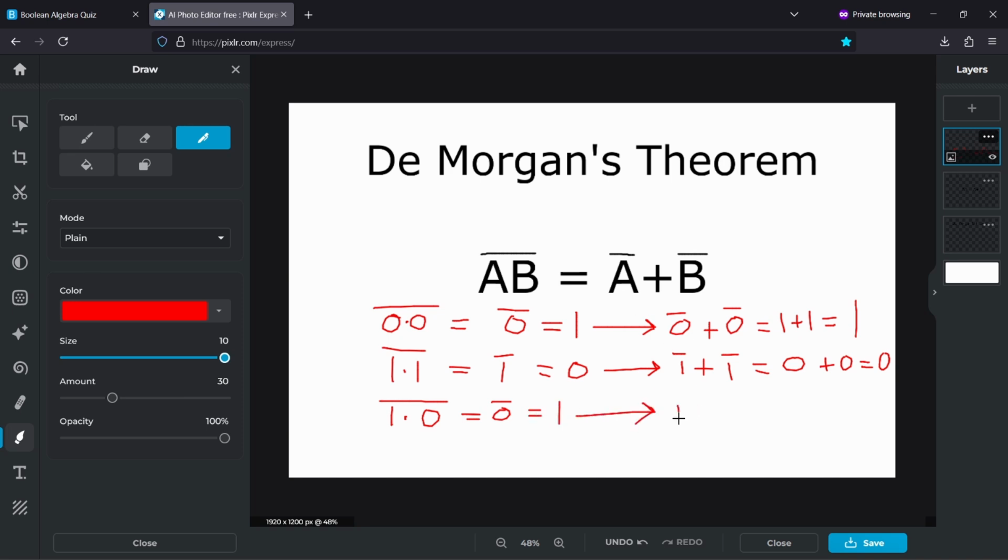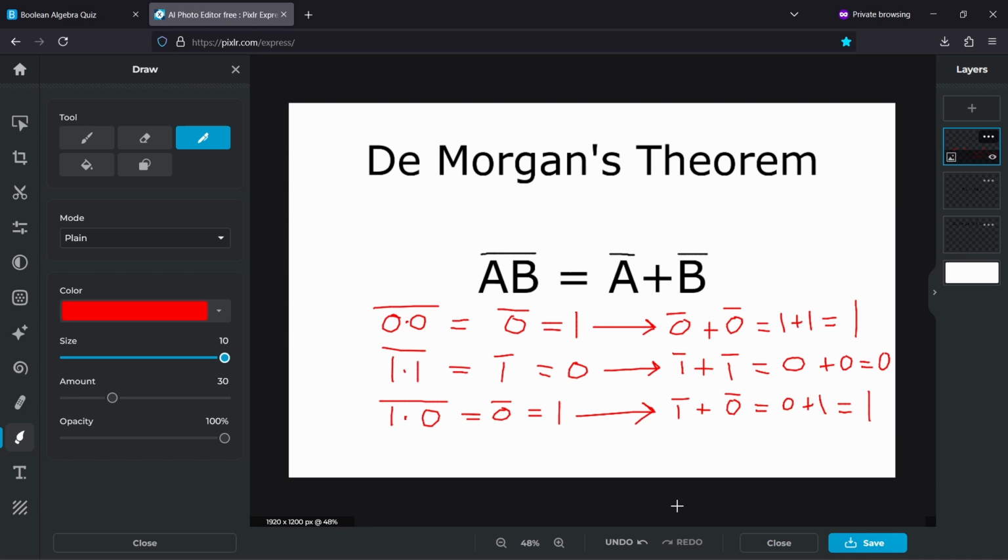And 1 bar plus 0 bar equals 0 plus 1 equals 1. And we can see that the answer will be the same if A is equal to 0 and B is equal to 1.